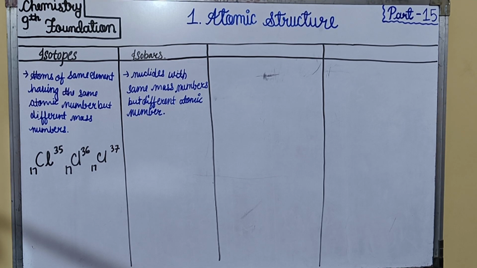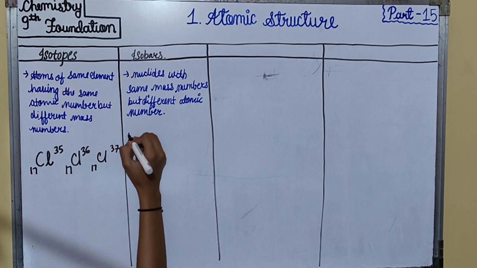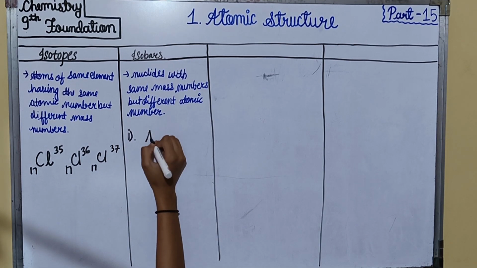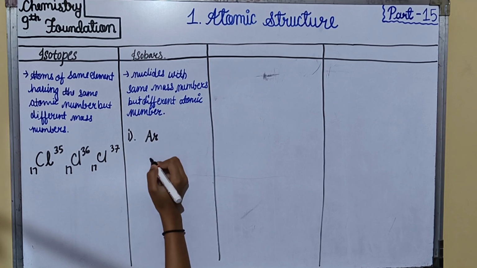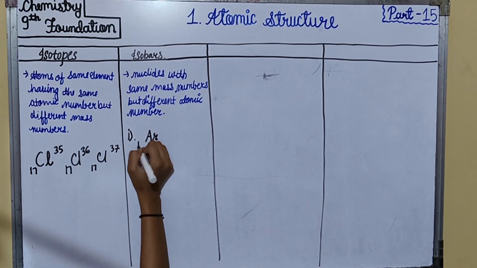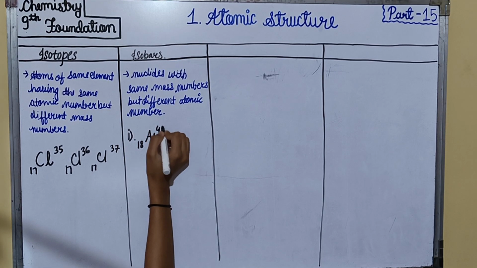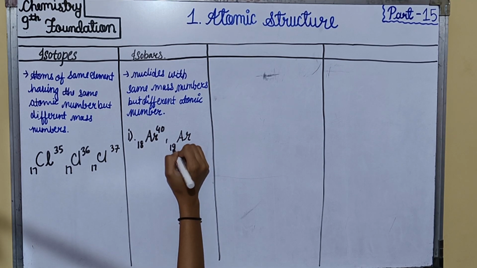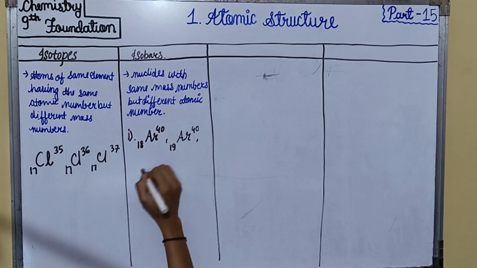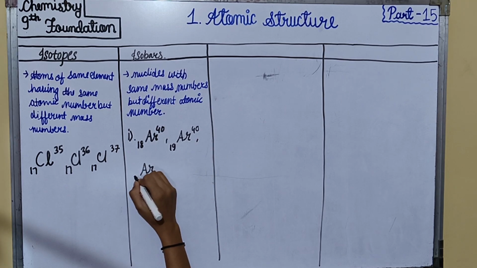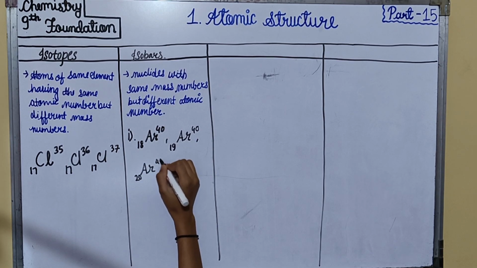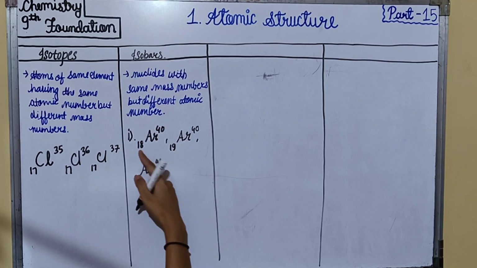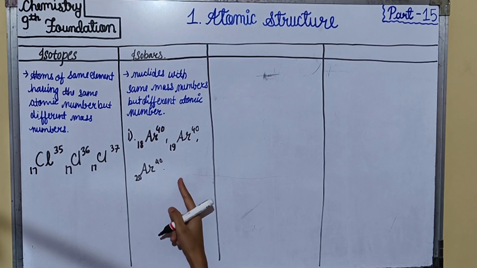The examples of isobars are, first one is argon. Like this, over here you can see the atomic numbers are different, but the mass numbers are the same.